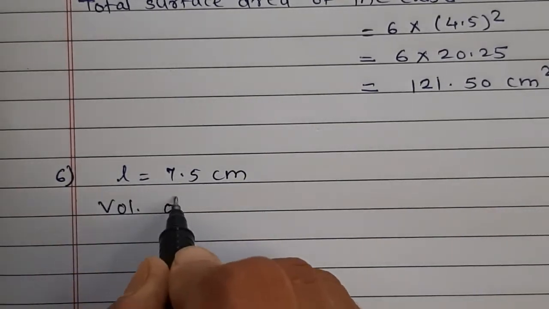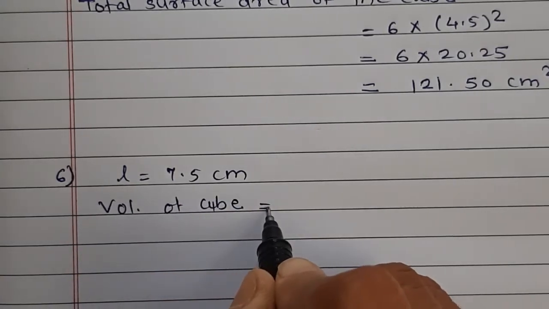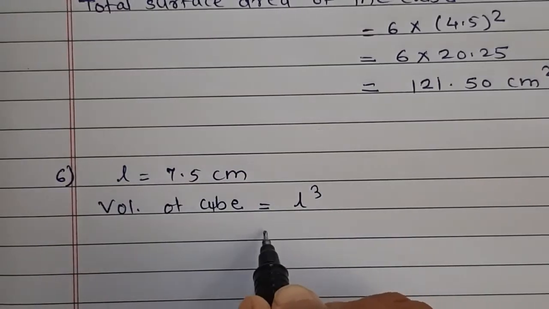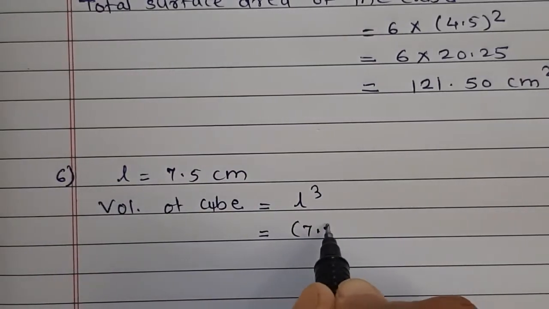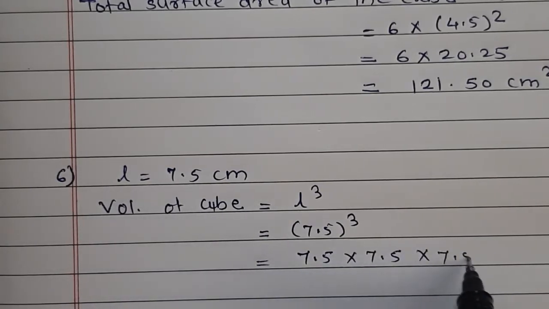So here volume of cube equals L cube. L is 7.5 cube. That means 7.5 into 7.5 into 7.5. After taking the product of all this, we get the answer 421.875.